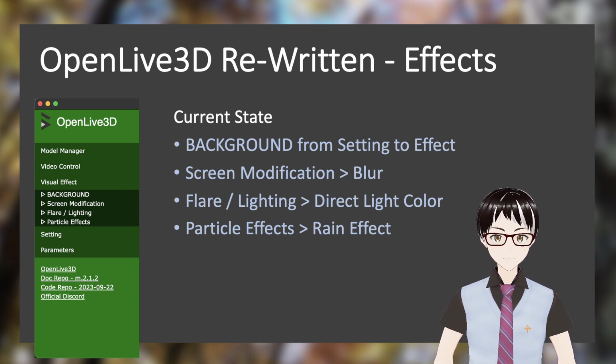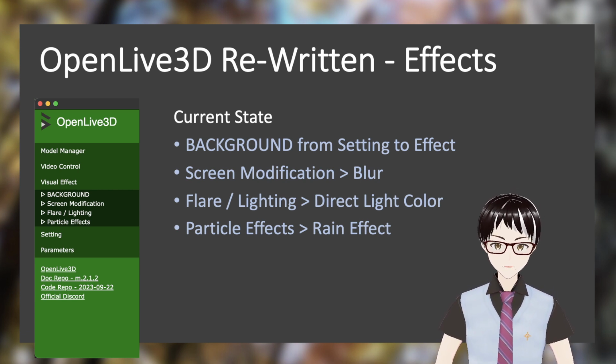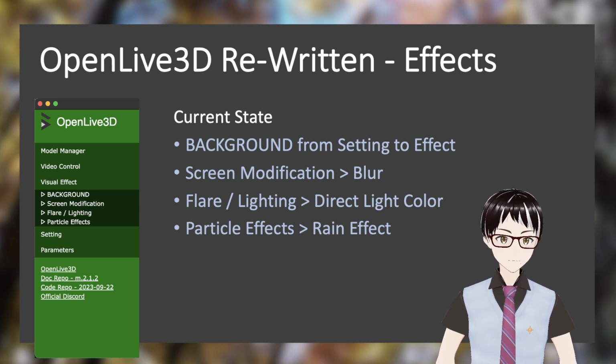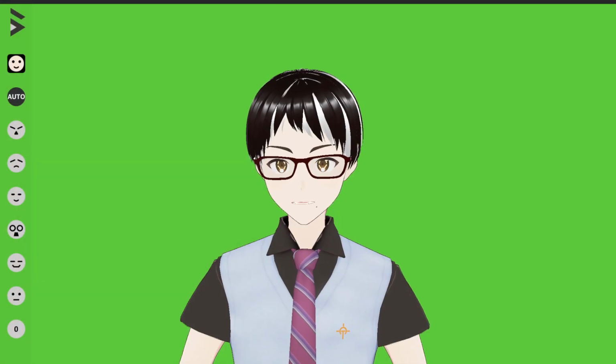And also we have flare and lighting to change the direct light color. We would like to add a backlight, which is not there yet. We would like to use the tutorial to introduce that. And also we have a particle effect, which we currently only have rain effect, but we would like to add more, of course.